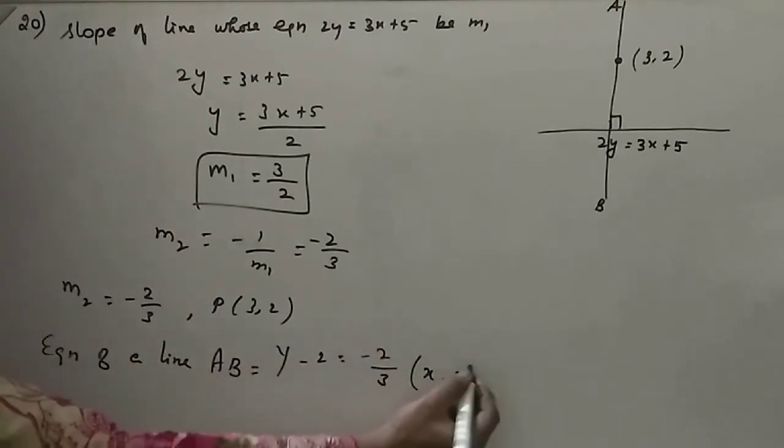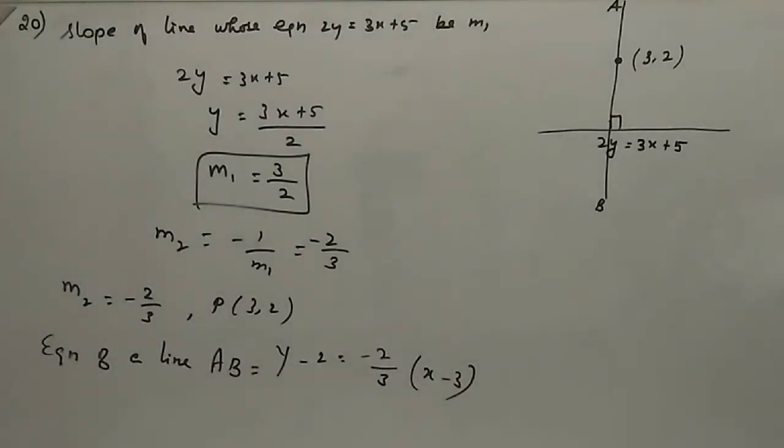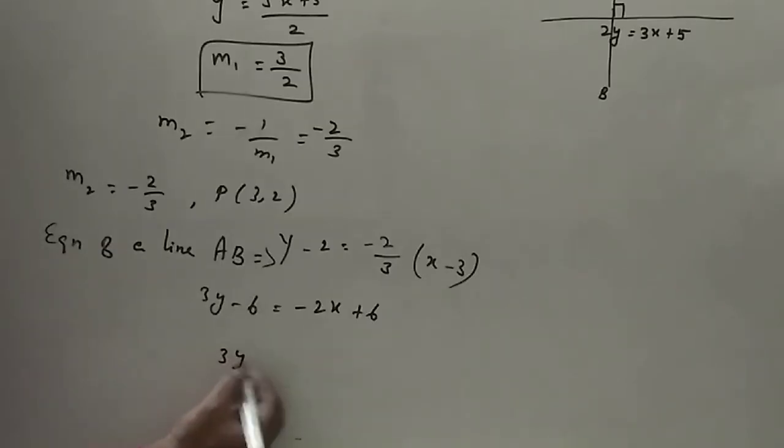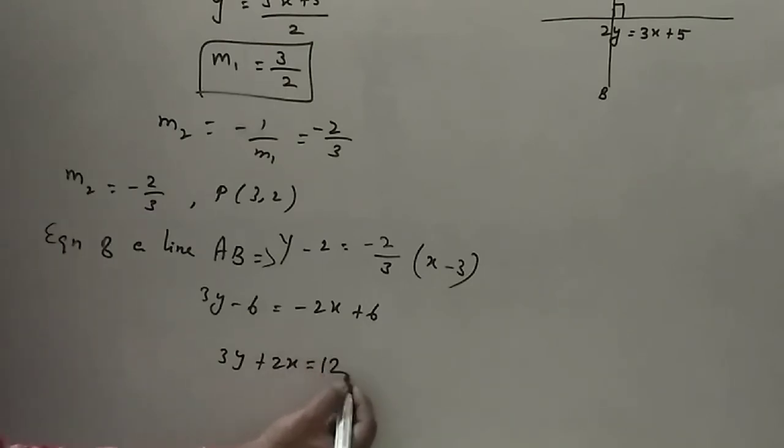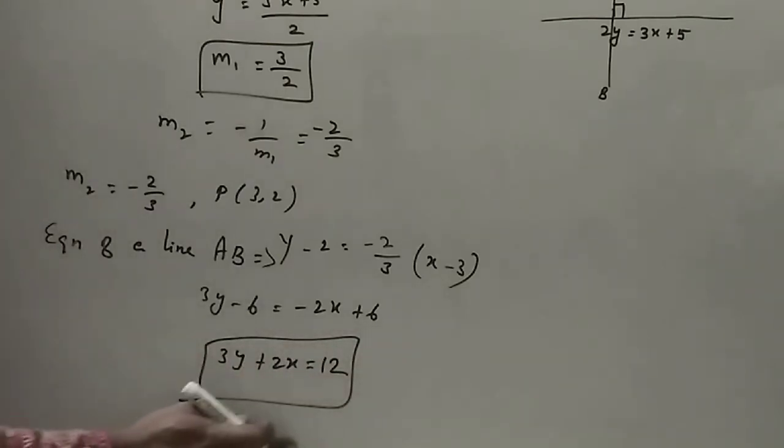Applying y minus y1 is equal to m into x minus x1, you will get 3y minus 6 is equal to minus 2x plus 6. So, 3y plus 2x is equal to 12. What is the equation of the line? 3y plus 2x is equal to 12.